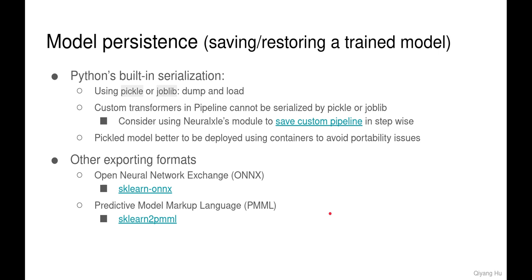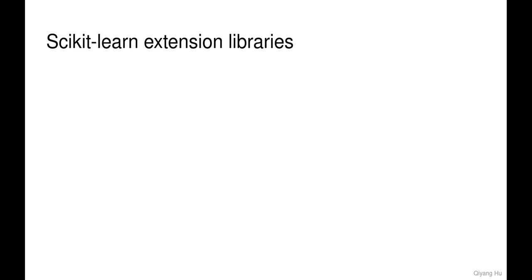One project I noticed is sklearn2pmml, so you can also try that solution. As we mentioned earlier in this talk, Scikit-Learn is not a full-fledged framework like PyTorch or TensorFlow. Scikit-Learn is more like a toolbox.